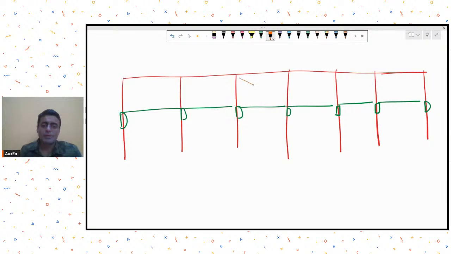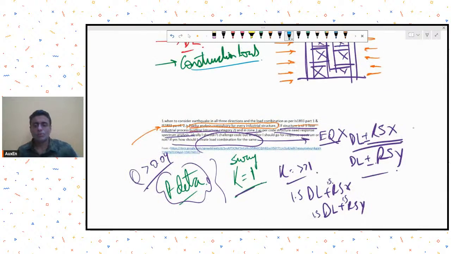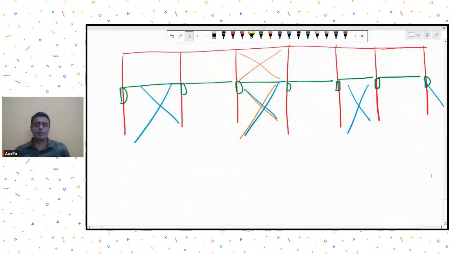Now his question, Mr. Praveen Raj, is whether we should provide bracing over here or here. Typically, it is better to provide bracings at or below the crane gantry level. Below the crane gantry, you should provide bracings like this. You may provide alternate bracings, or bracings at the gables, at the ends, and maybe a few bracings after every one or two spans along the length of the shed.